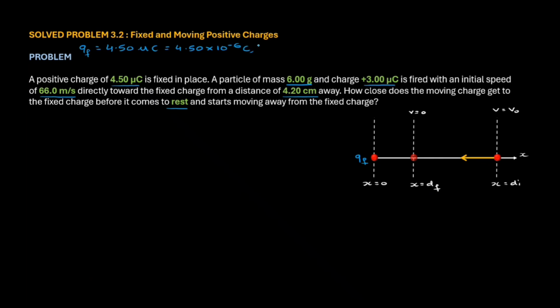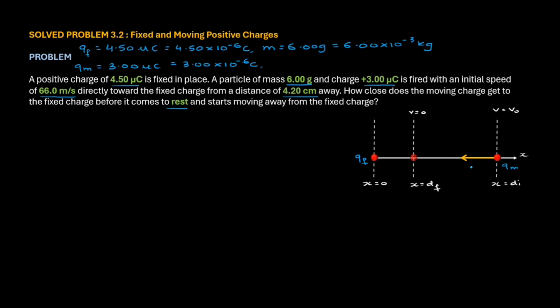Then you have a particle of mass m equals 6 gram, which will be 6.0 times 10 to the power negative 3 kilogram. And this is a movable charge, so I will write this as Qm. The value of Qm is positive 3 microcoulomb, which will be 3 times 10 to the power negative 6 coulomb.